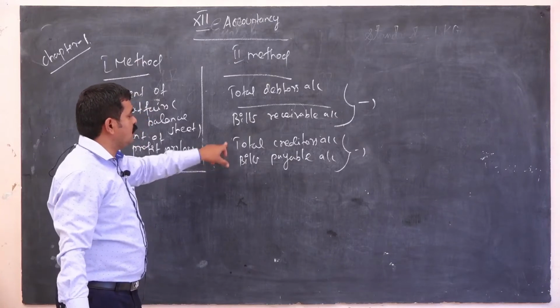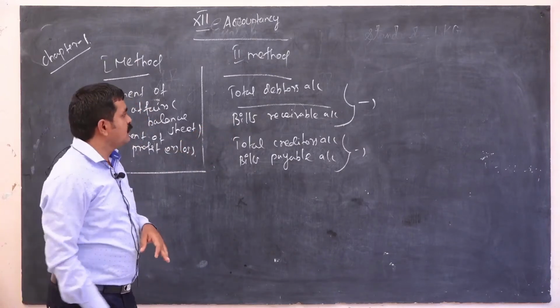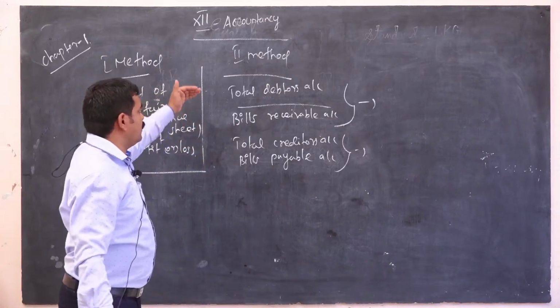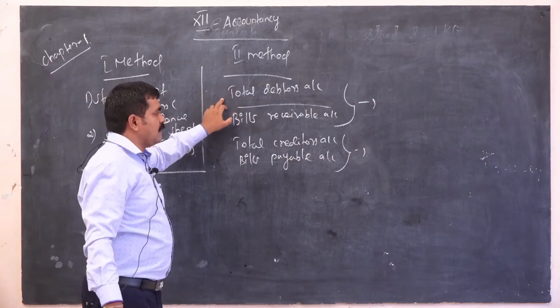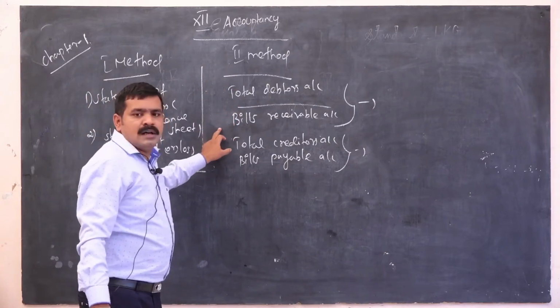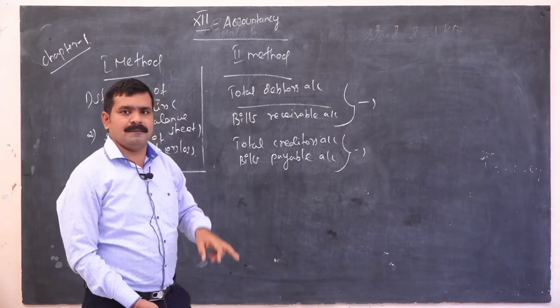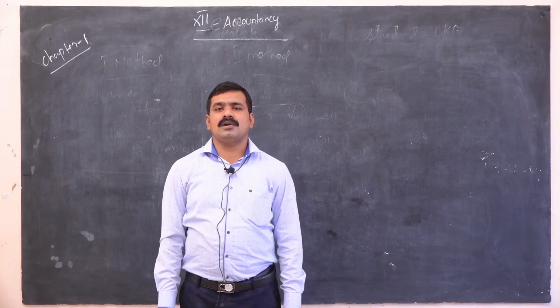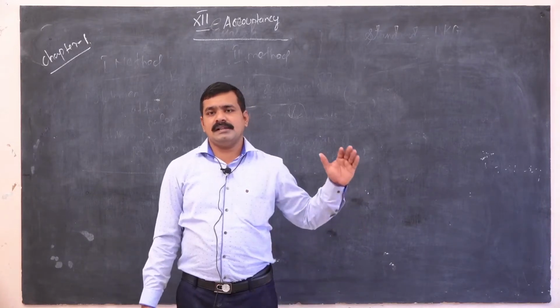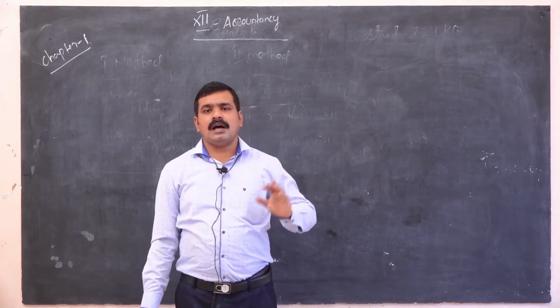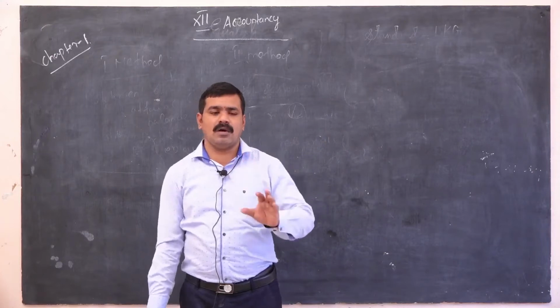Then only you will know about total creditors. In the last video we saw the format of total debtors. Now I am going to see the format of the bills receivable account.